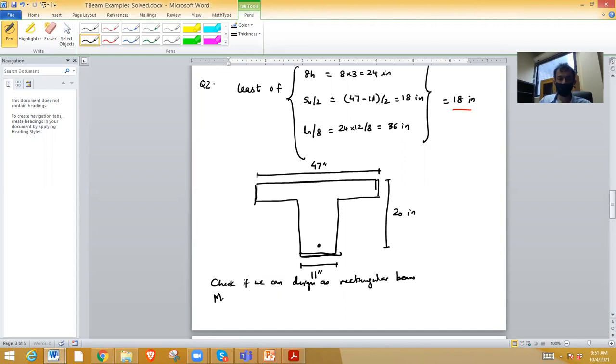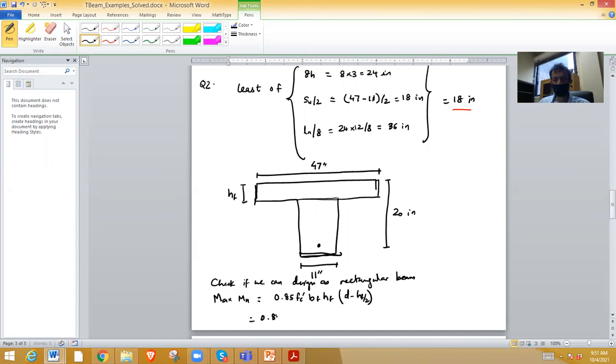So what is the maximum Mn you can get while still keeping it as a rectangular beam? That means your compression block should be exactly at the flange depth. So maximum Mn is 0.85 fc prime times bf, which is 47 inches, times hf, the flange depth, times d minus hf by 2.